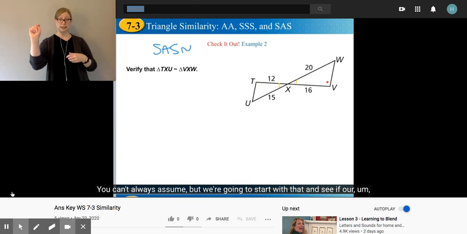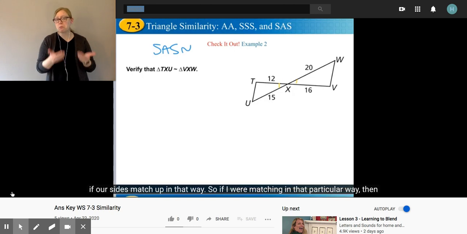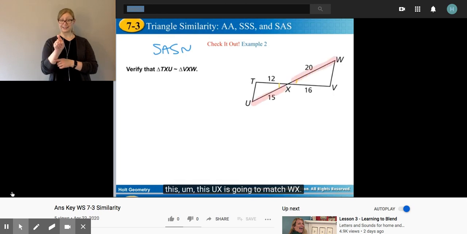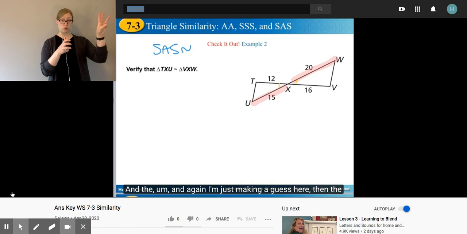Now you can't always assume, but we're going to start with that and see if our sides match up in that way. So if I were matching in that particular way, then UX is going to match WX, and again I'm just making a guess here.